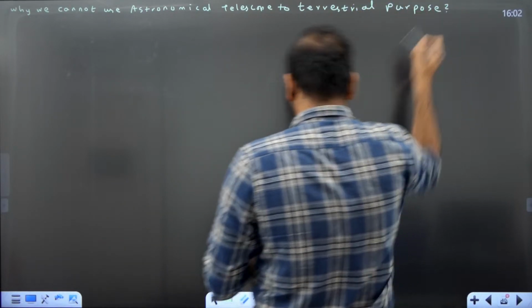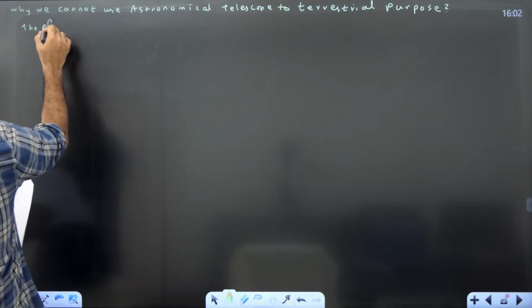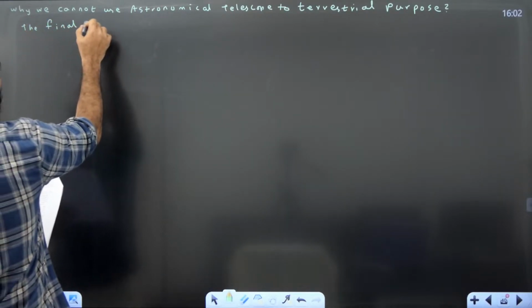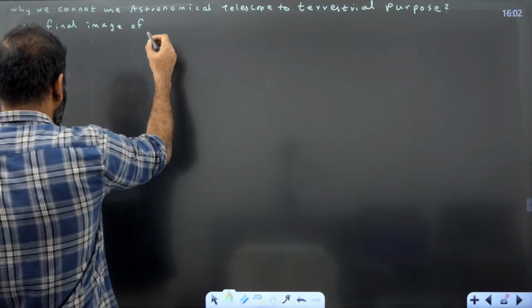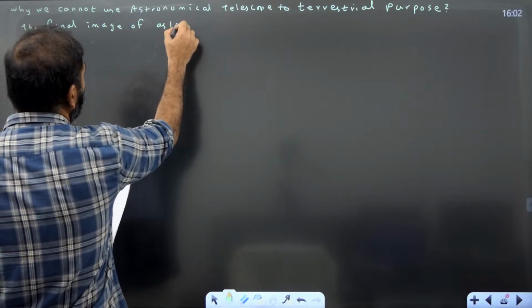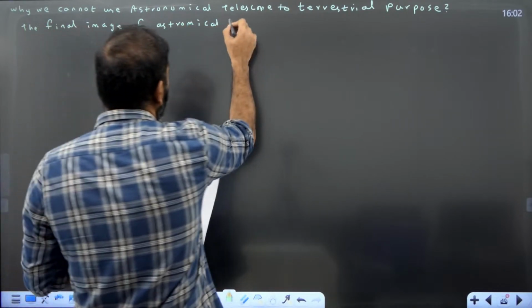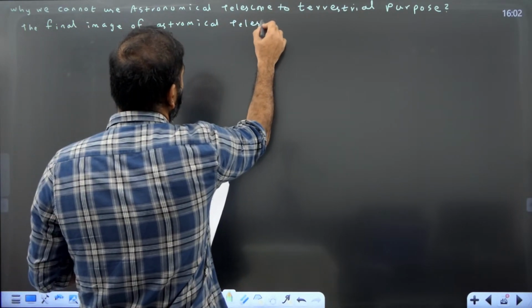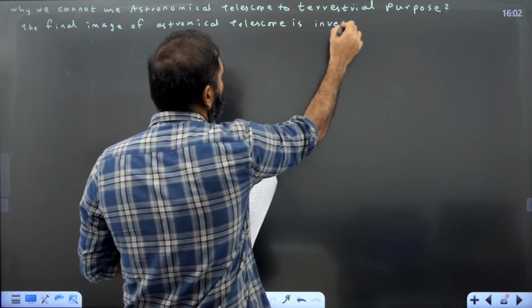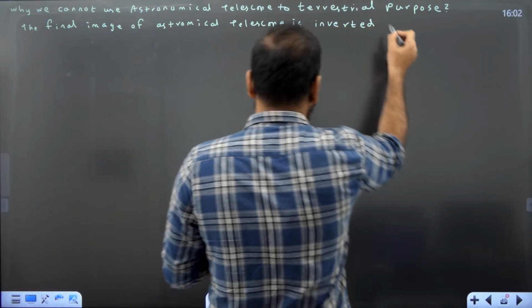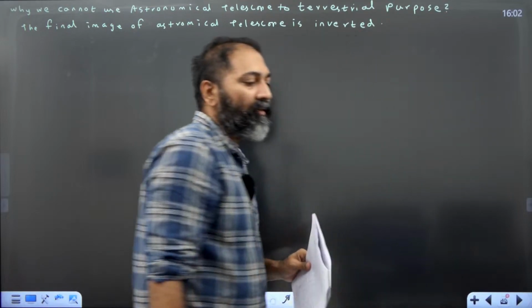What is the answer? The final image of an astronomical telescope is inverted. So what is the final image of an astronomical telescope? Inverted.